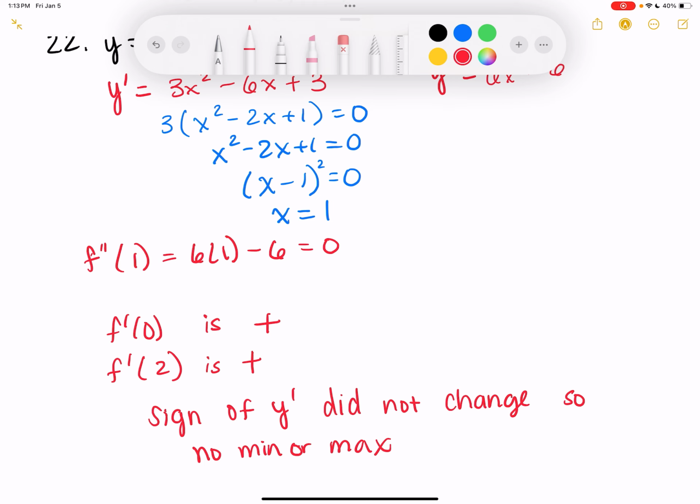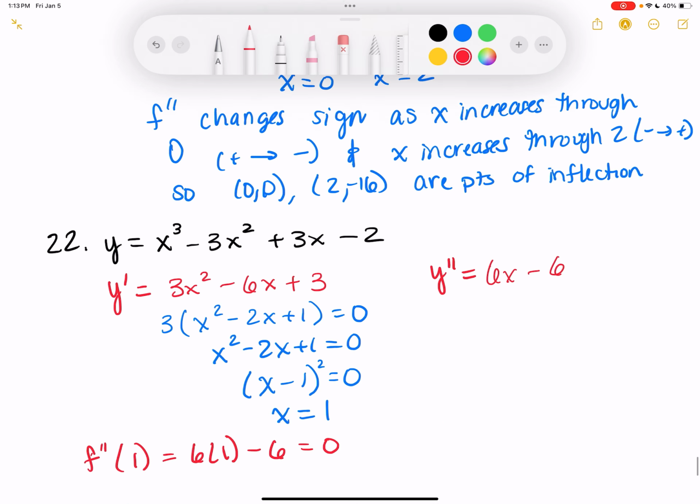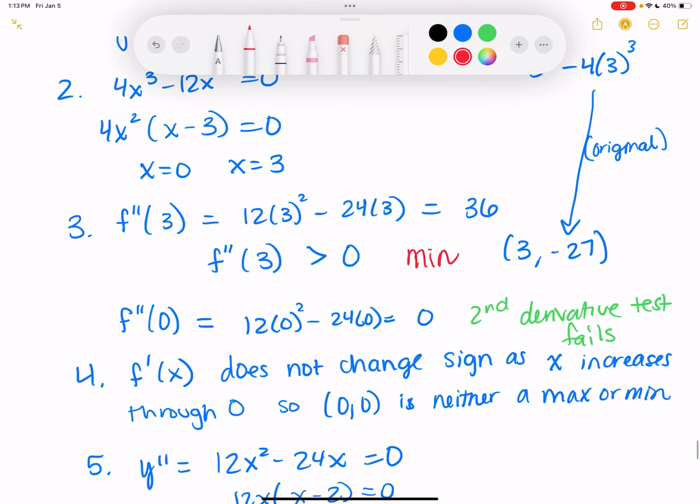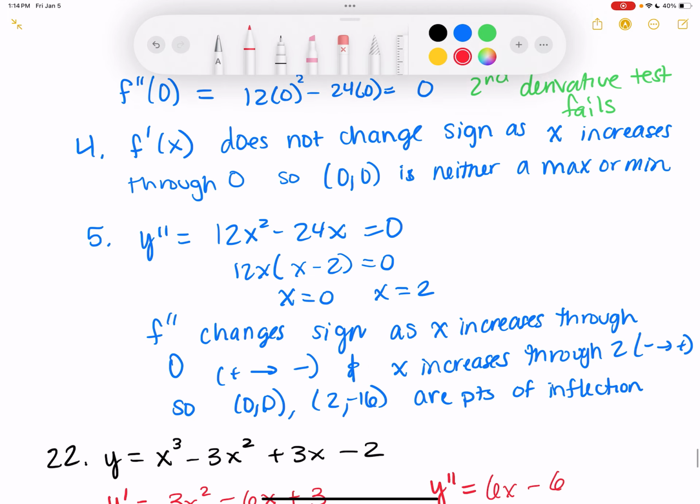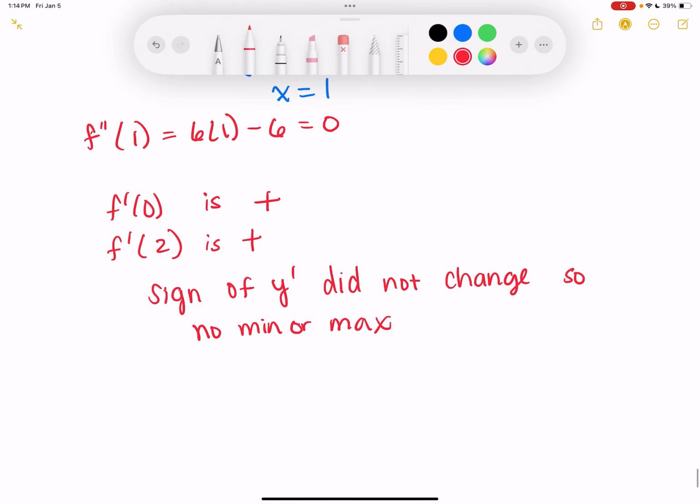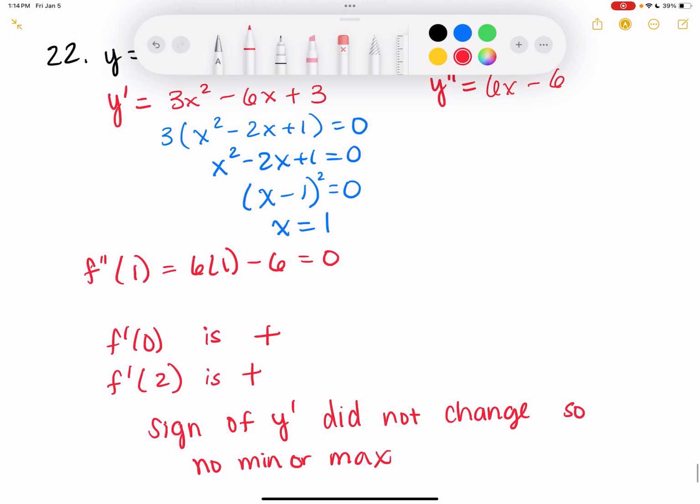On the other problem, we did have a min, but the second point we checked was not a min or a max. In this case, there was only one point to check, because we only have x equals 1, so there's no min or max for this problem.